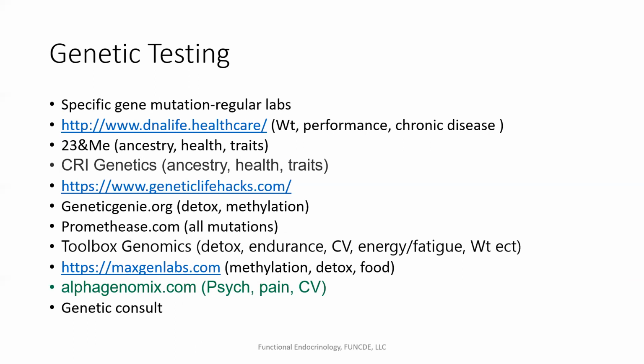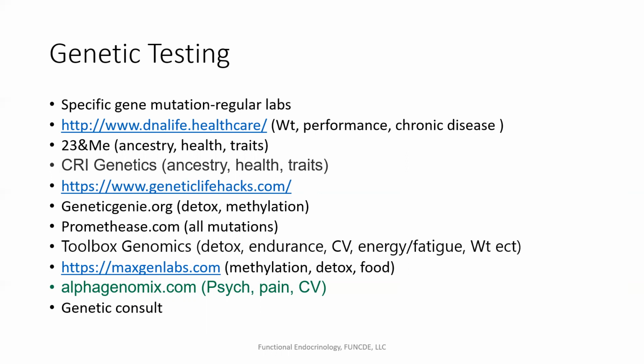Geneticgenie.org gives you detox and methylation if you have Ancestry or 23andMe. And you can know for sure which genetic mutations in that detox pathway you have or don't have. Of course, you then have to do the legwork and know what medication is processed through which gene and what to do about that. That's a lot of work, and physicians usually wouldn't remember that anyway.